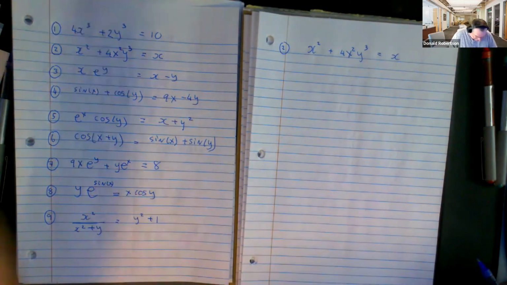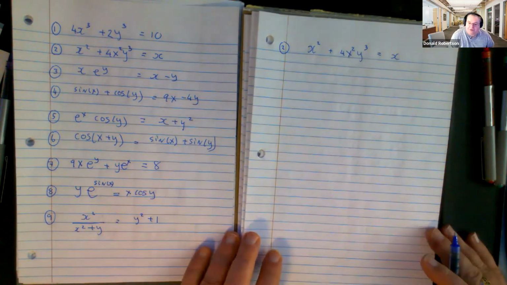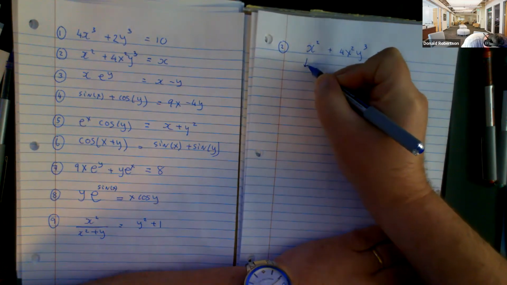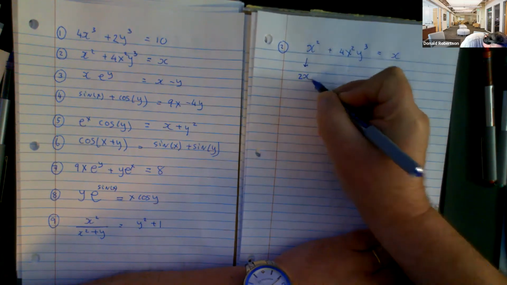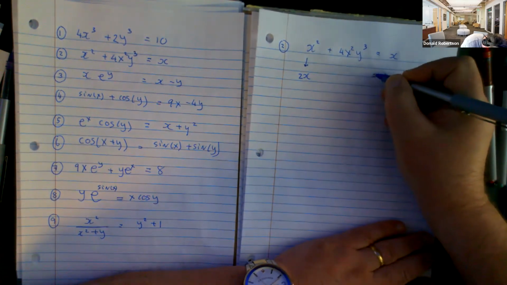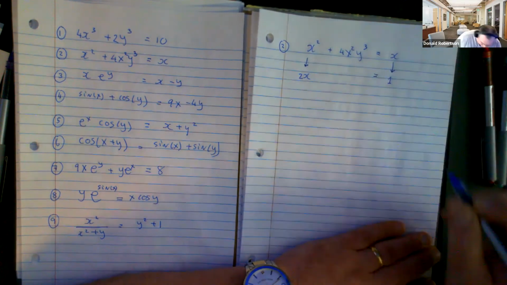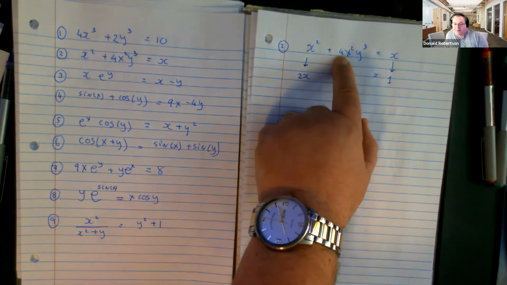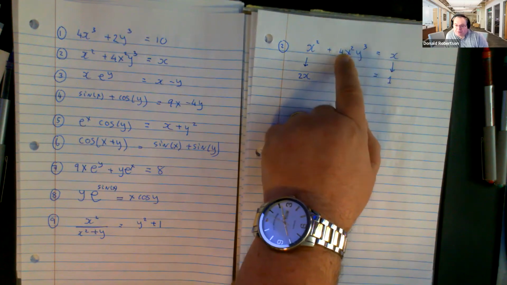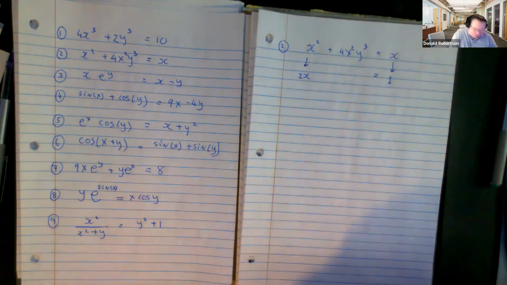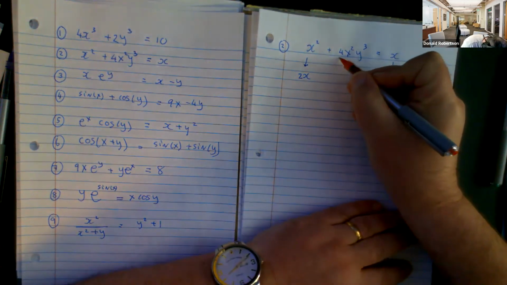Now, each one of these pieces is going to get differentiated with respect to x. If you differentiate x squared, you'll get 2x. And if you differentiate x, you get 1. This expression in the middle, 4x squared y cubed, is essentially a product. It's two things multiplied.